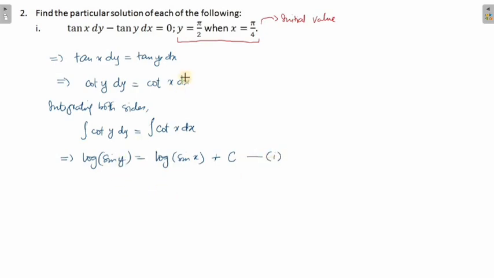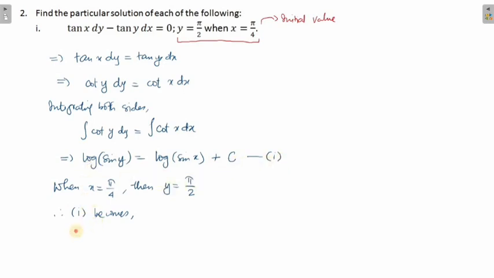Now it is given that when x is pi by 4, the value of y is pi by 2, isn't it? So let's see what we get from equation 1.